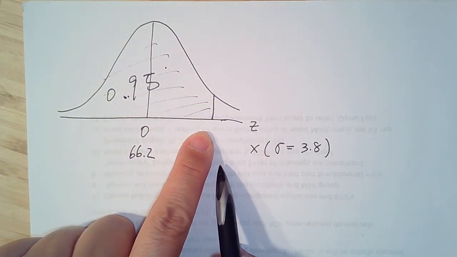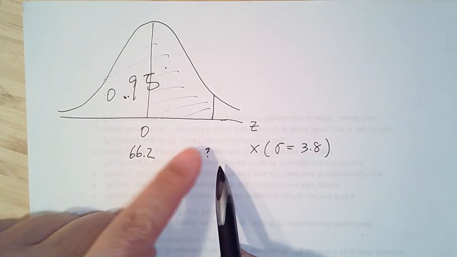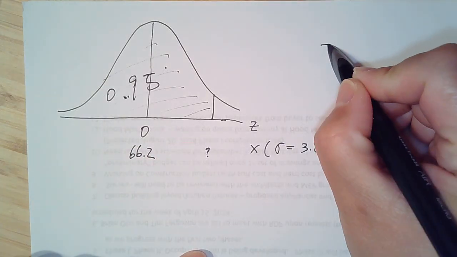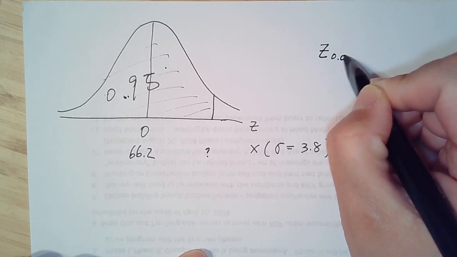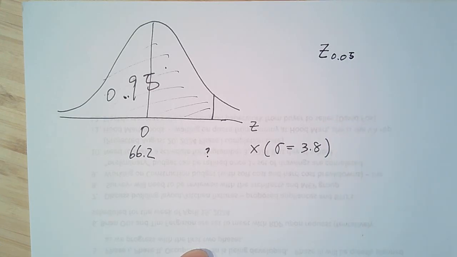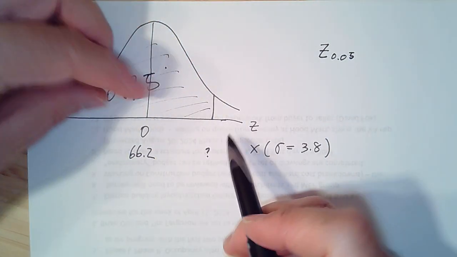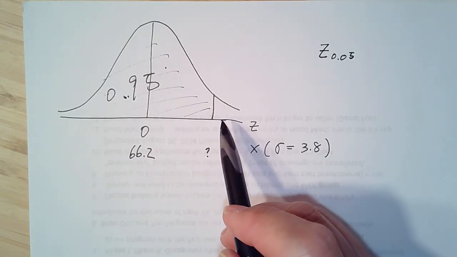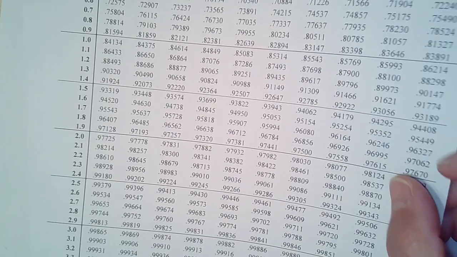So let's see, if we have 0.95, can we find the z-score here? Yes, it's called z 0.05. Let's see if you remember that. Here's 95%. So to the right is 0.05, which is 5%.